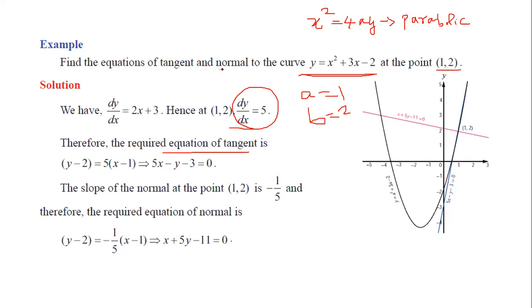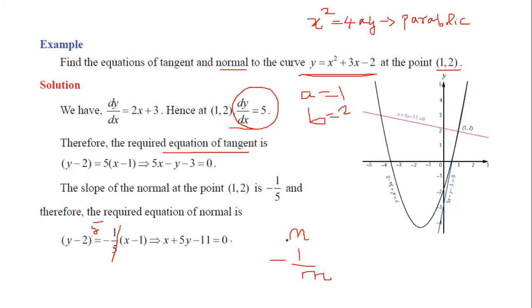To find the normal, y minus b equal to minus of x minus 1 by dy by dx. So y minus 2 equal to minus 1 by 5 into x minus 1. Either you can multiply that 5 here. If m is the slope of the tangent at a point, then minus 1 by m is the slope of the normal.